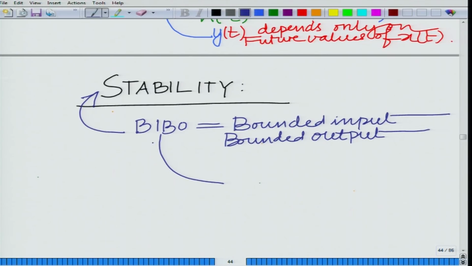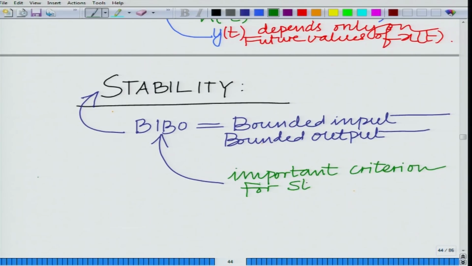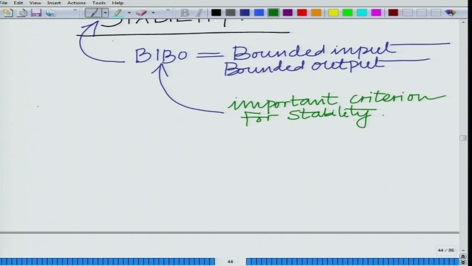This is one of the most important criteria for stability, and this is characterized as follows.